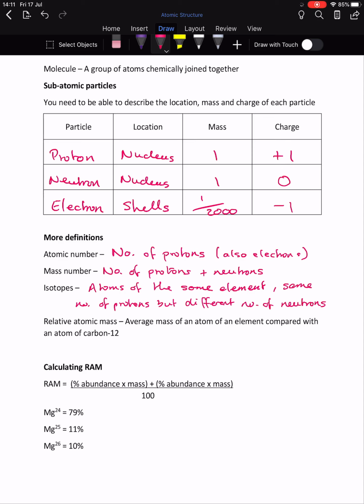So the calculation that we do is our percentage abundance times mass plus percentage abundance times mass plus percentage abundance times mass, all divided by 100. When you do this in a calculator, you find the answer to be 24.31. This is also a question where they regularly ask to give your answer to a specific number of decimal places, so make sure you read the question.